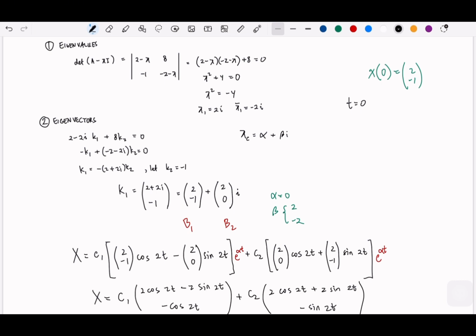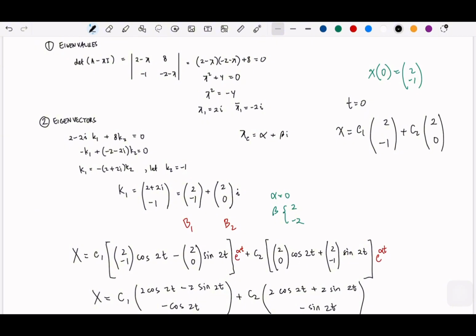So we have x will be c1, that will be 2 minus 0, so 2 minus 1 plus c2, this will be 2, 0, and then 0.